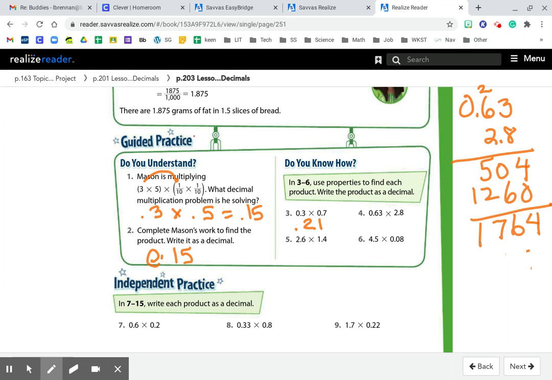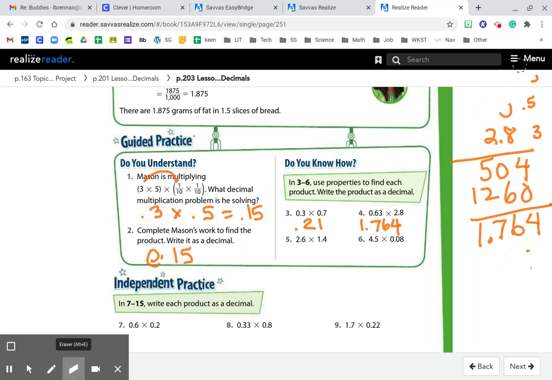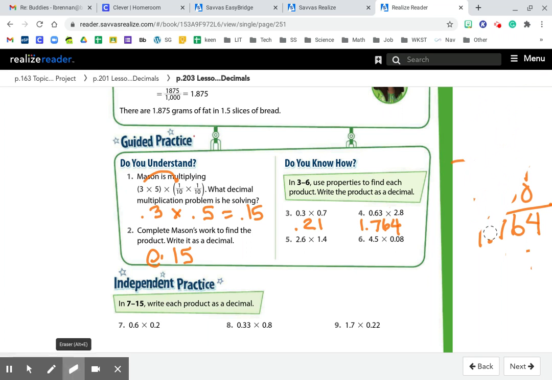Because when I was rounding it in my head, I could see that if I rounded 2.8 to 3, and if I rounded 0.63 to 0.5, my answer should be around 1.5. I could see my answer was not correct before. So that's using your mental math to help you see if an answer is reasonable.